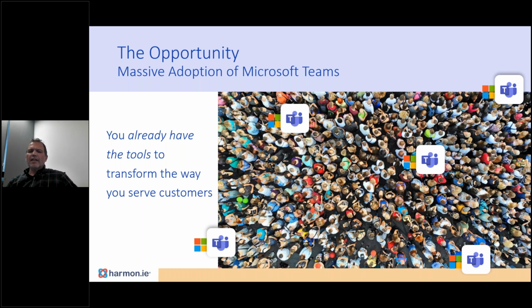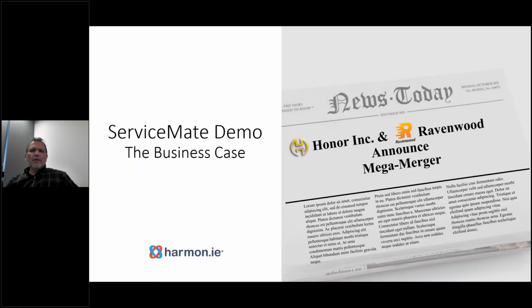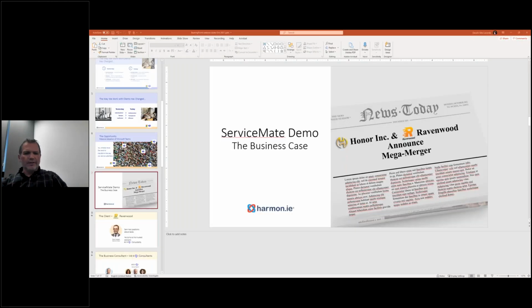How can we leverage the transparency of Microsoft Teams to deliver a much better experience and much better value for the customer? So I want to invite David Lavanda, our Chief Product Officer, to show us how Servicemate is taking advantage of this new world.